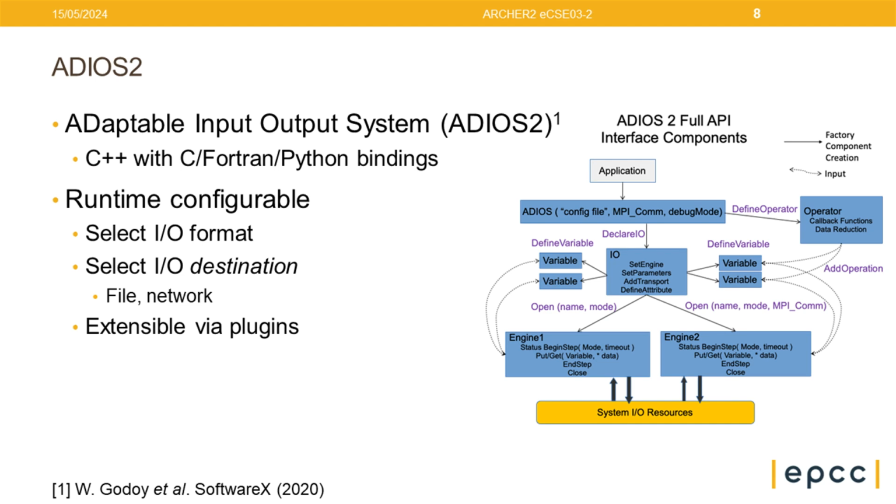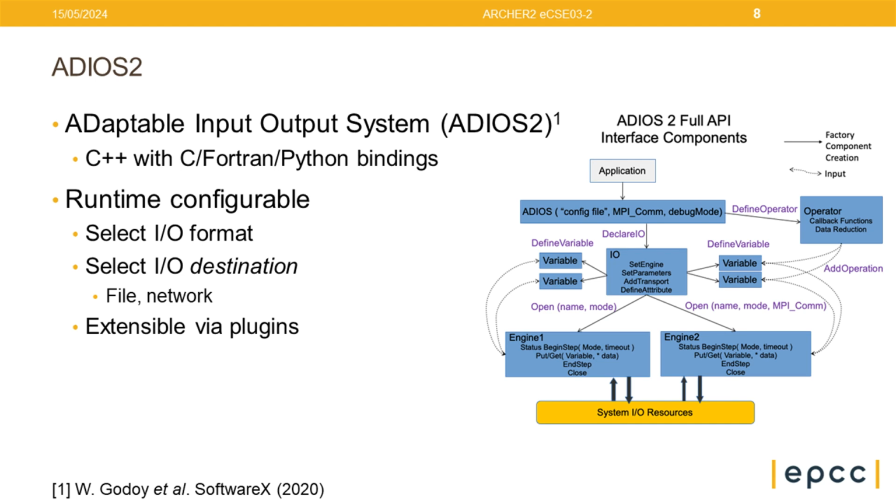And their approach is to not only optimize I/O, but also make it runtime configurable. This allows doing many different things, selecting, for example, between your file formats, or as shown in this architecture diagram, you can also use various plugins to perform all sorts of operations on your data, such as compression. But the particularly interesting thing for this project is because it captures the I/O process, it allows it to essentially redirect the I/O wherever it wants.